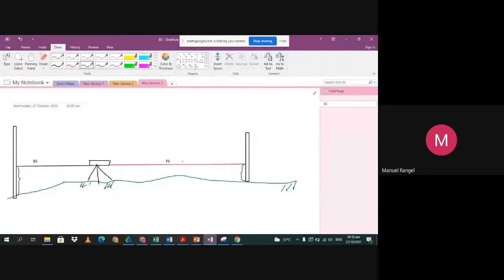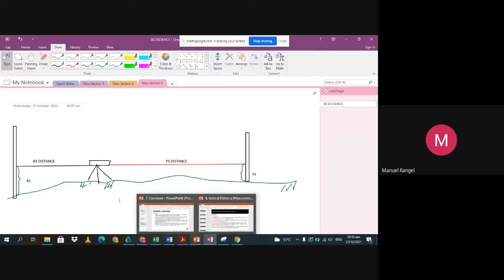So this is, kung diri ang FS, this distance from the center of the instrument to the rod is the foresight distance, and kung sa backsight naman, backsight distance. BSD or distance. This is the FS reading and BS reading. Okay.